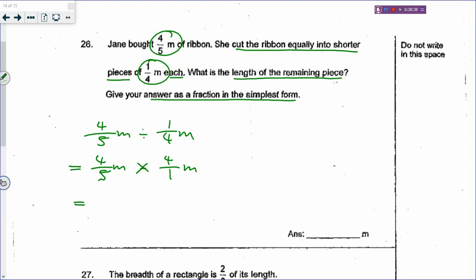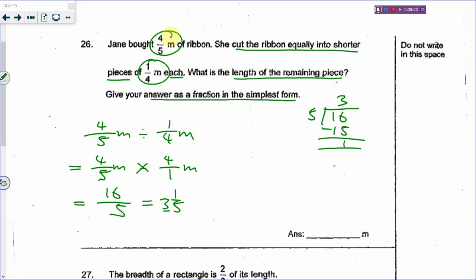Then you multiply the numerators and multiply the denominators, and you get 16/5. Now, what is 16/5? If you change it into a mixed number, you will get 3 and 1/5. So how many pieces are there? She must have cut 3 pieces.